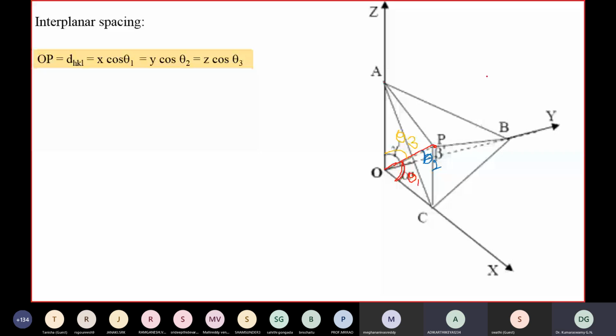Excuse me, sir. In POB, the hypotenuse is Y. Yes. Okay, sir.